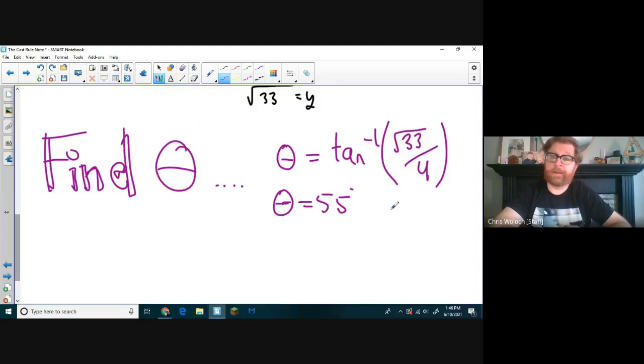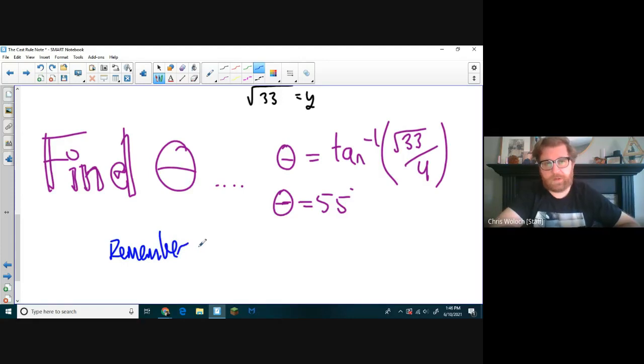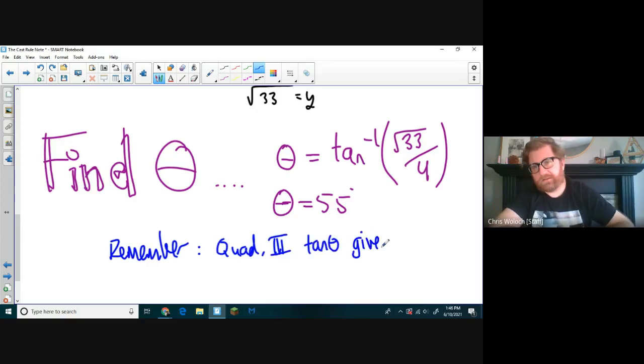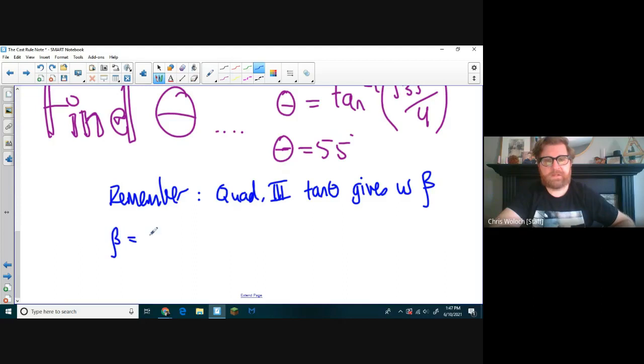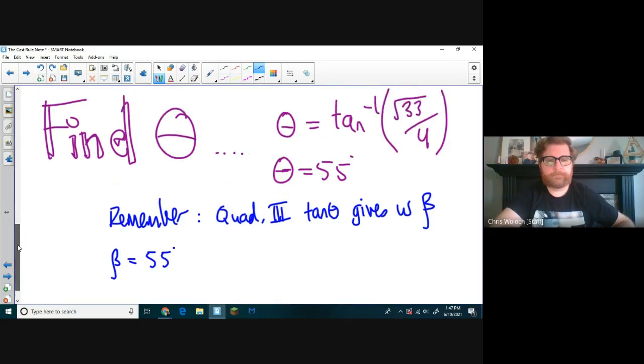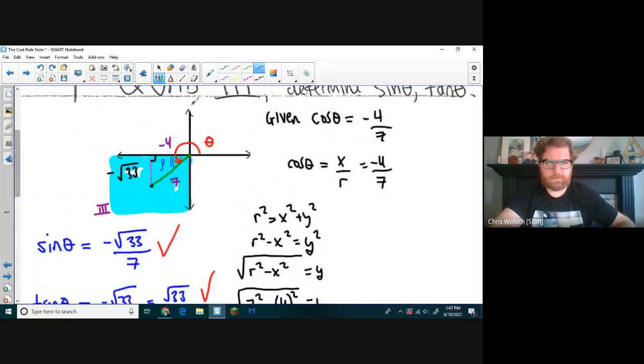And again, don't be like, I'm done, great, cool. Okay, no, because I'm not in quadrant 1. So all we got to do is just remember, in quadrant 3, tan theta gives us the related acute. So that means beta equals 55. So if I go up here, this equals 55.